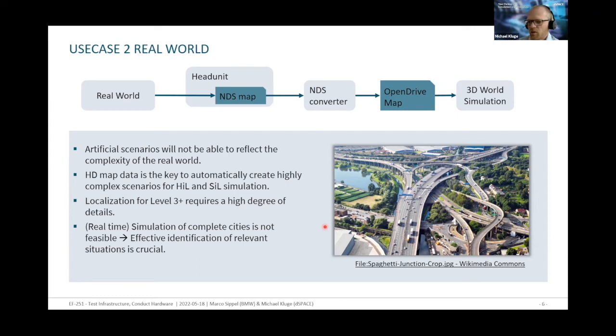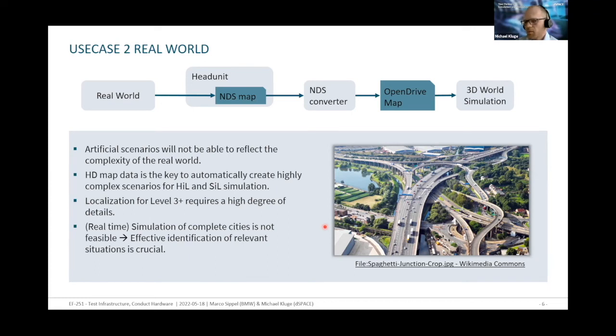So you need an option or a way to identify certain situations or combinations of roads or whatever you need in this complex map in order to work properly in this approach.